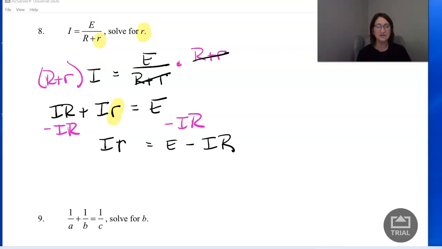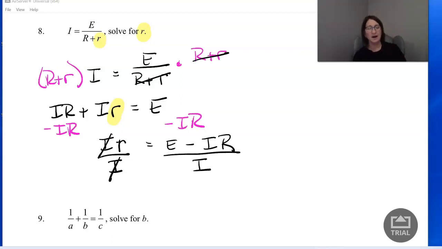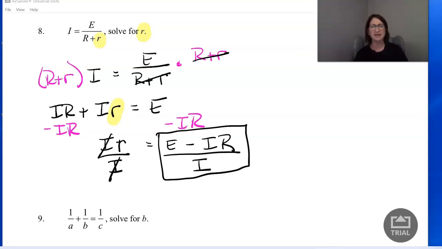Divide both sides by capital I. Okay, so I am left with little r equals E over IR. I'm sorry, E minus IR over I.